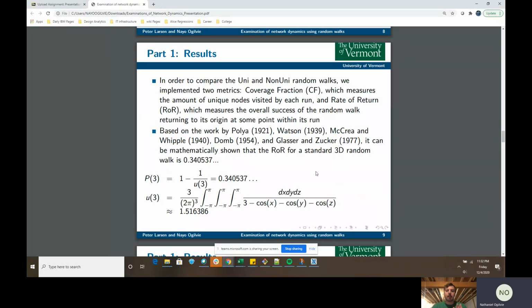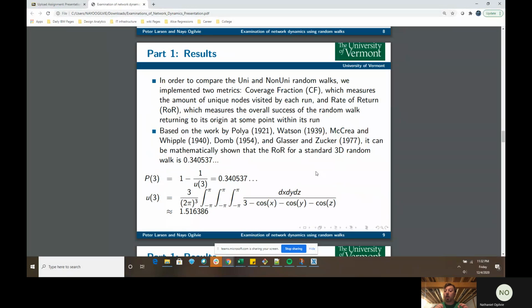Yeah. In order to compare the uni and non-uni random walks, we implemented two metrics. Coverage fraction, denoted as CF, which measures the amount of unique nodes visited by each run, and rate of return, ROR, which measures the overall success of the random walk returning to its origin at some point within its run.